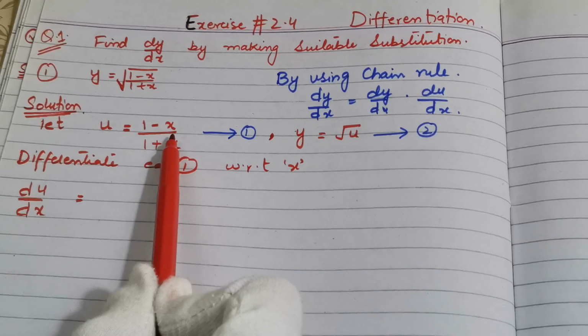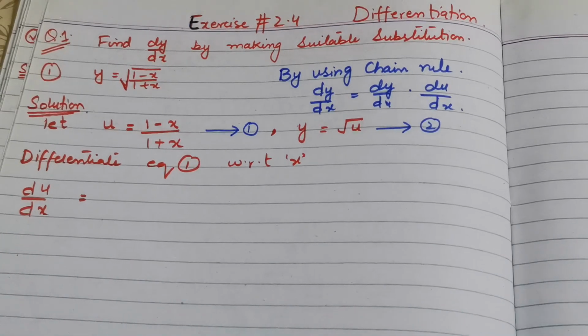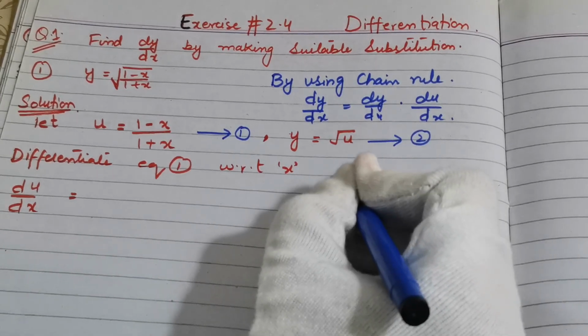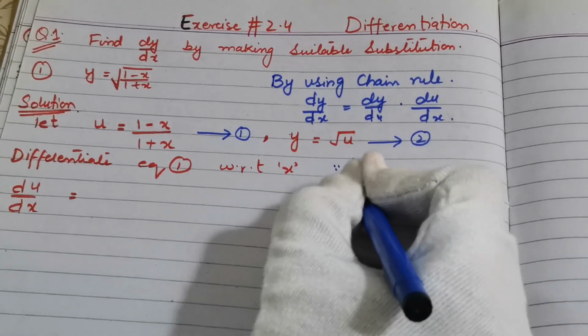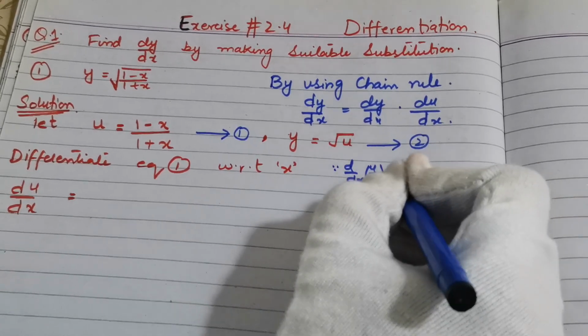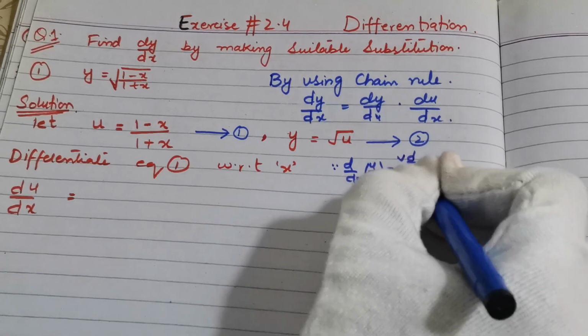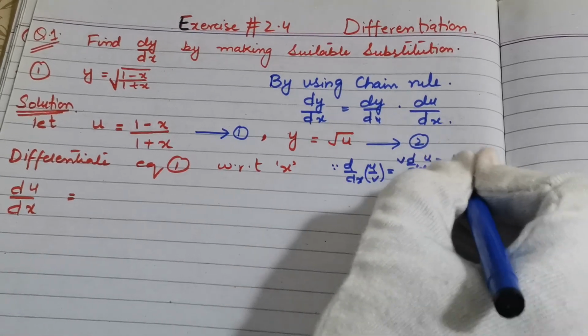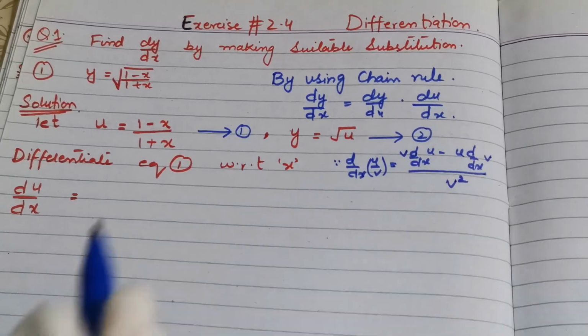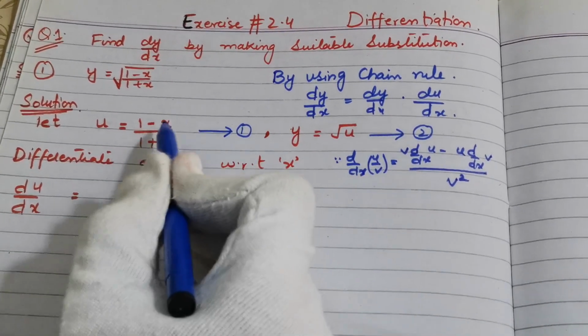We apply the quotient rule. What does the quotient rule say? According to the quotient rule, the derivative of a quotient u by v is equal to v derivative of u minus u derivative of v, whole divided by v square.